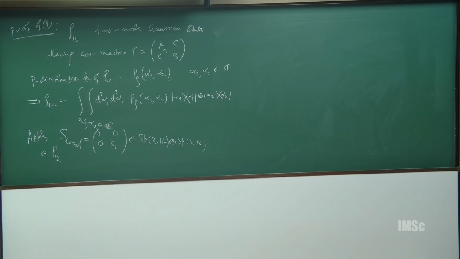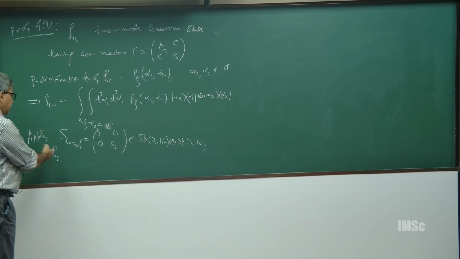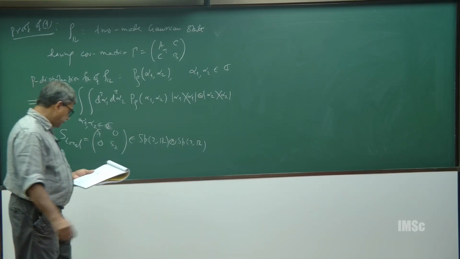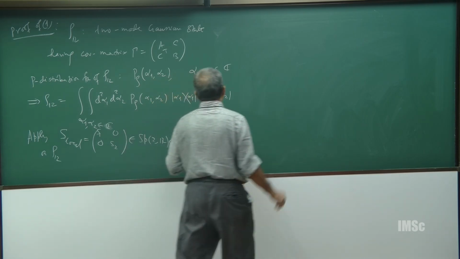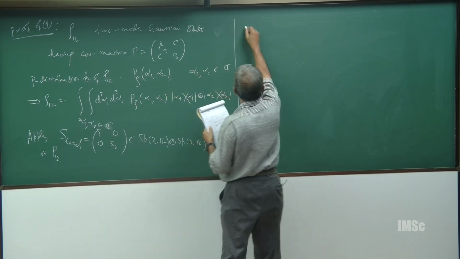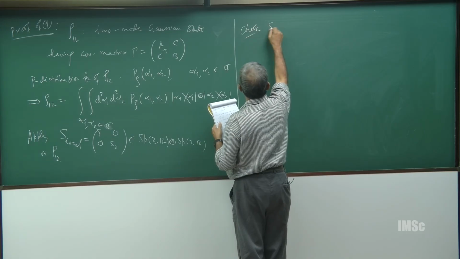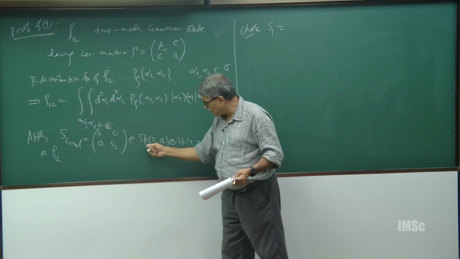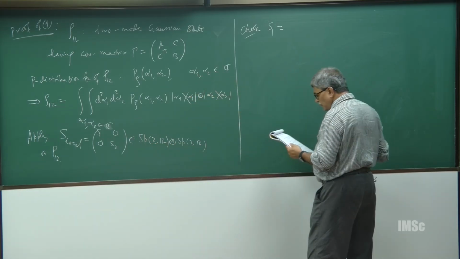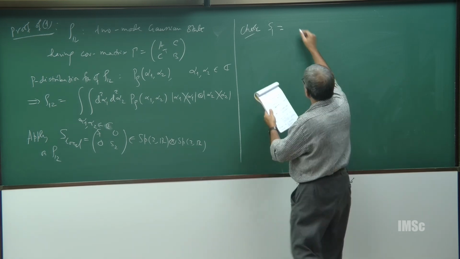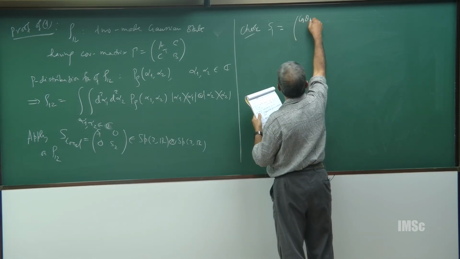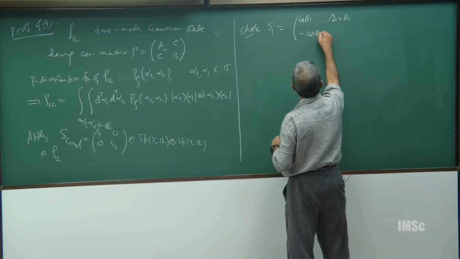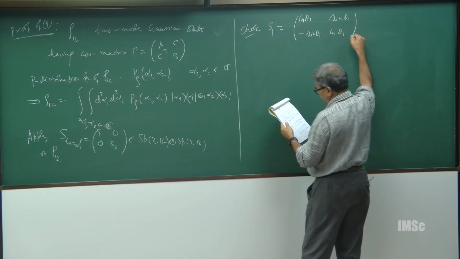This of course will not change the separability or entanglement property of this state, because this will be a local unitary transformation. Okay. And so basically we choose this S1, which is a symplectic transformation, an element of SP2R, to be like this: a rotation, cosine theta 1, sin theta 1, minus sin theta 1, cosine theta 1. Okay.